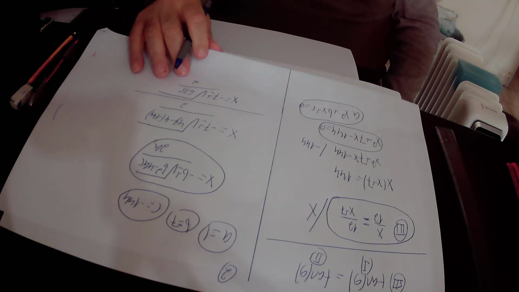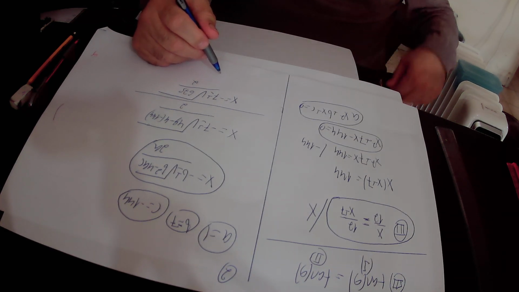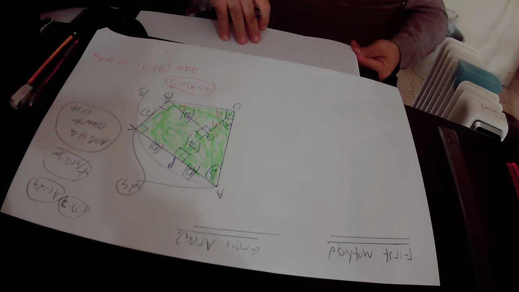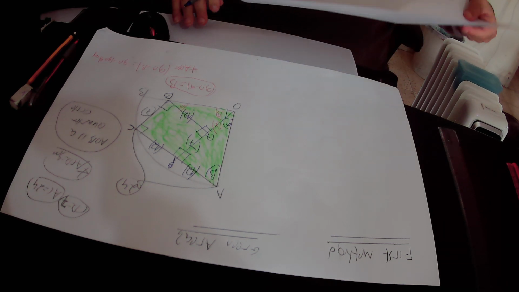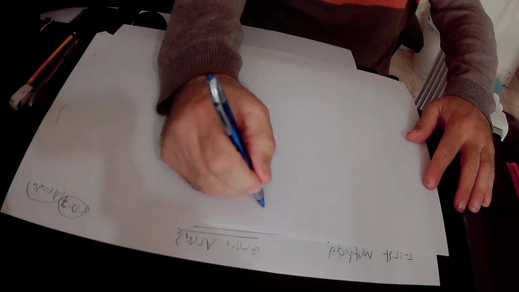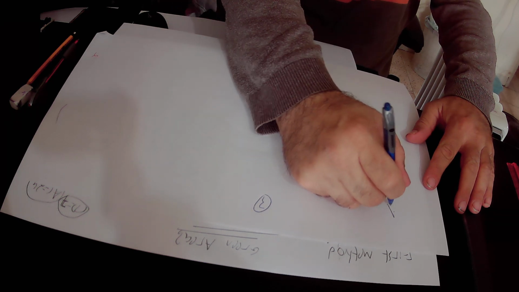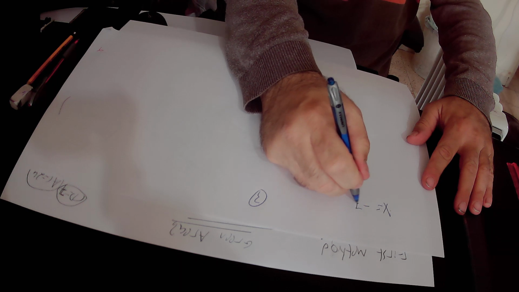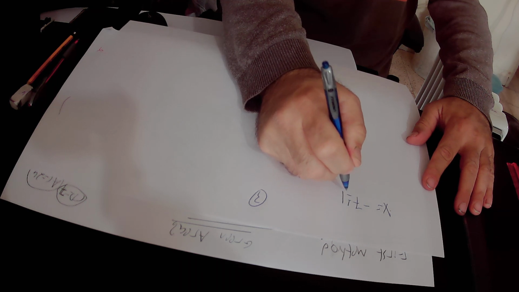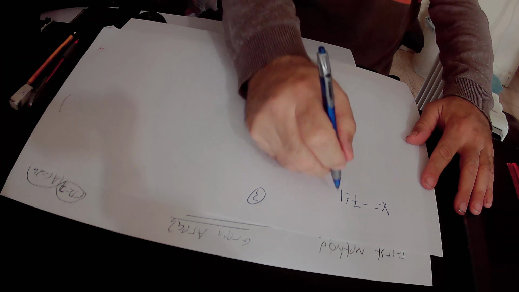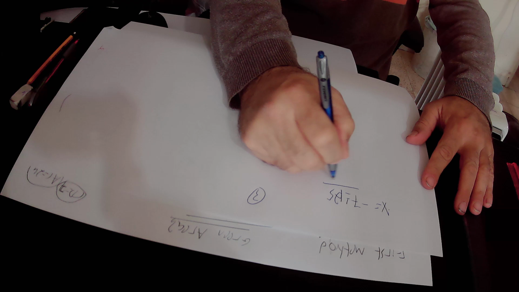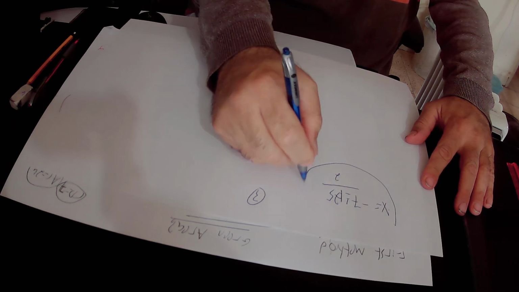So here x equals minus 7 plus minus the square root of 625, which is 25, over 2. So here we'll have two possible solutions for x.